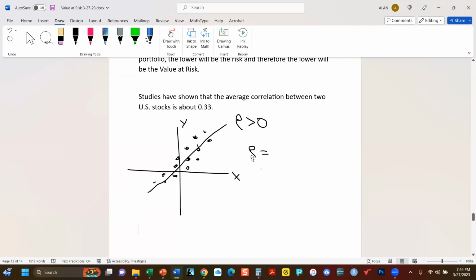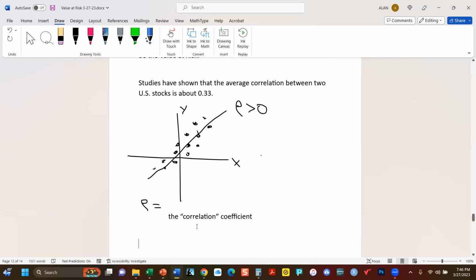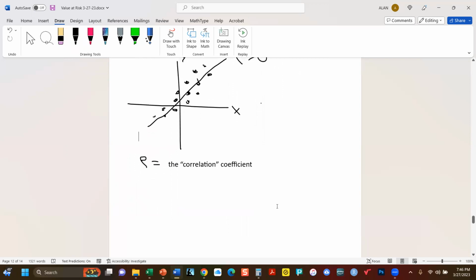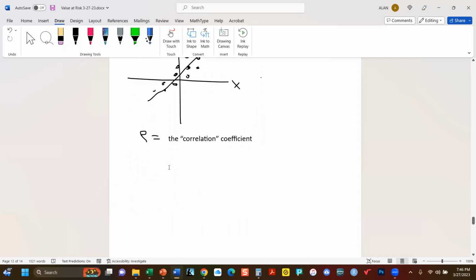Okay, I guess I have to line it up better than that. Now let's say we have two stocks that do the opposite. They tend to go in opposite directions because they're in very different industries.